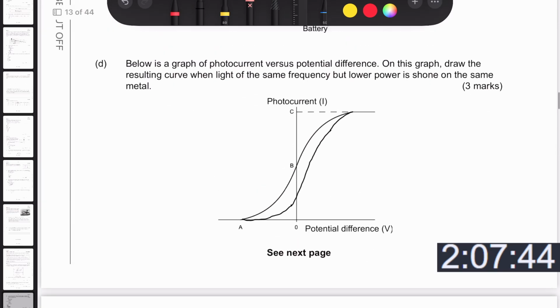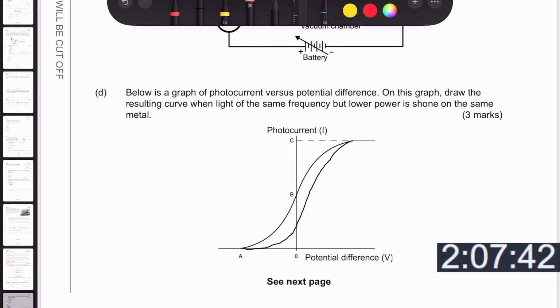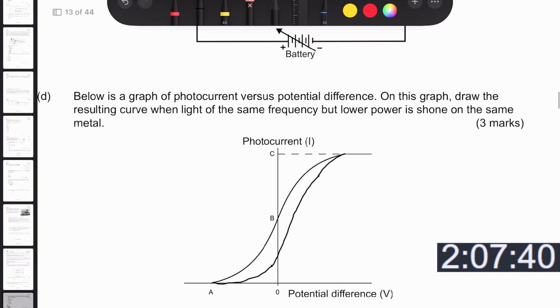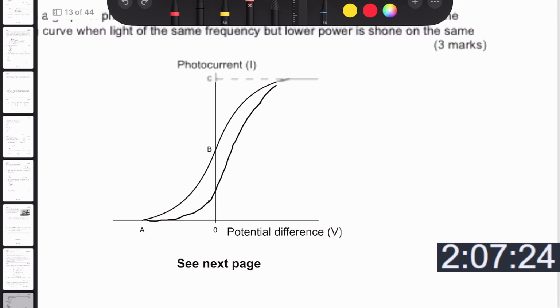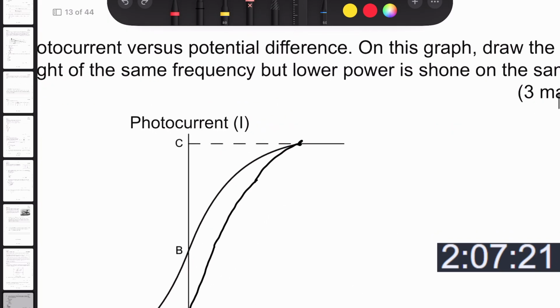Something like that, because it's the same frequency but lower power. So lower power means that we're going to have less overall incident electrons. So that means that my photocurrent, because there's less electrons moving through the circuit, my current overall is going to be lower. However, since they're at the same frequency, they need to start at the same potential difference and end at the same potential difference.